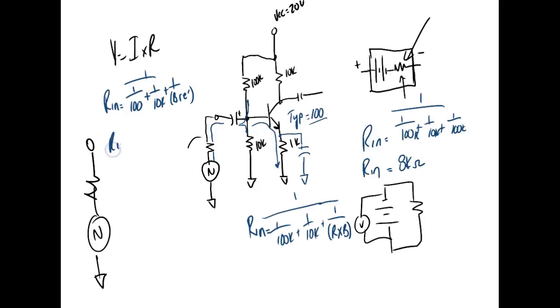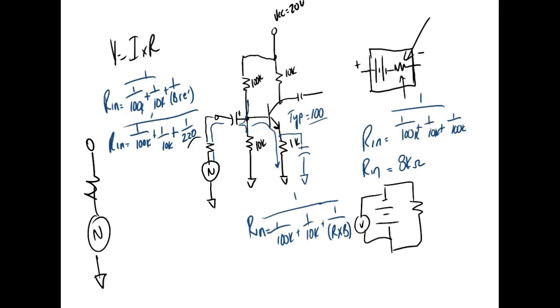So now Rn would be equal to 1 over 100K, it's supposed to be K, guys, plus 1 over 10K plus what? Re prime is equal to 23 ohms times 100. That's going to be 1 over 220 ohms, or close to that. So what's Rn going to do? Is it going to go up or is it going to go down? It's going to go down a lot, right?